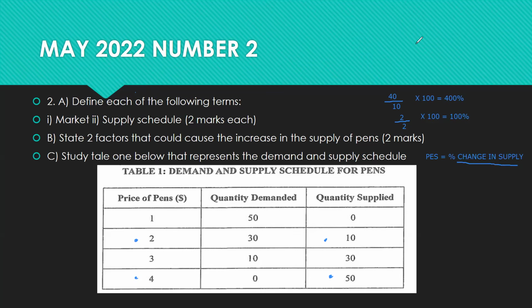We calculated the change in supply to be 400%, and the percentage change in price to be 100%. 400 divided by 100 is equal to 4. Nice how you calculated it. This is not bad at all.